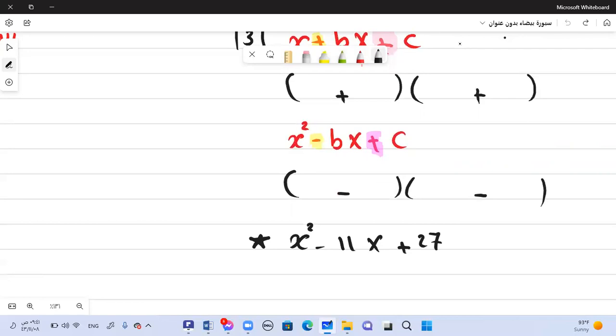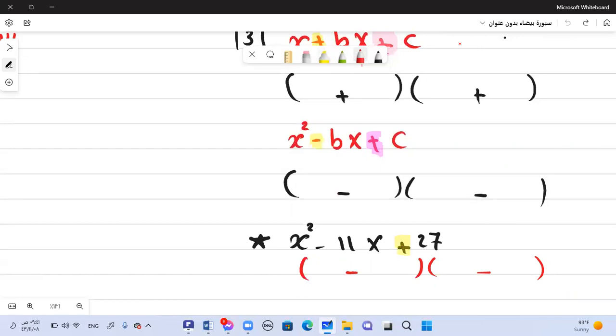So if it is not greatest common factor and not a special case, I will open brackets. If we open two brackets, we should remember to go to the third sign. If the third sign is positive, we should put the same sign as the middle term, negative and negative. After that, we can guess the two numbers that multiplied by each other give me 27.